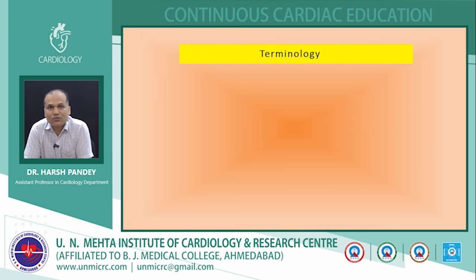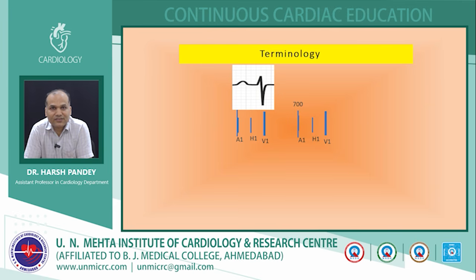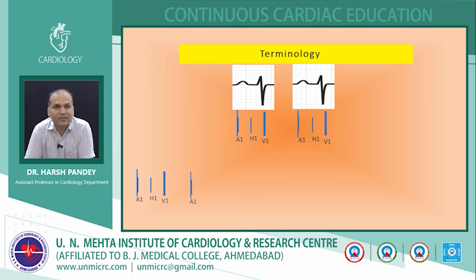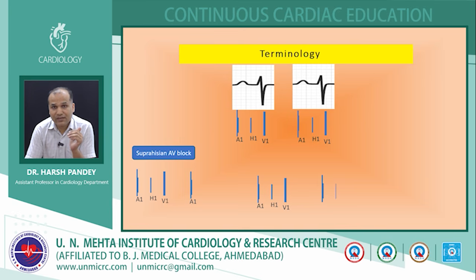Some terminology you also need to understand. Suppose this is AHV going on in sinus rhythm, and at this first point the A came and it does not have any H and V. So A came, H did not come. This is termed a suprahisian level of AV block. In the second, A came, H also came, but V did not come.